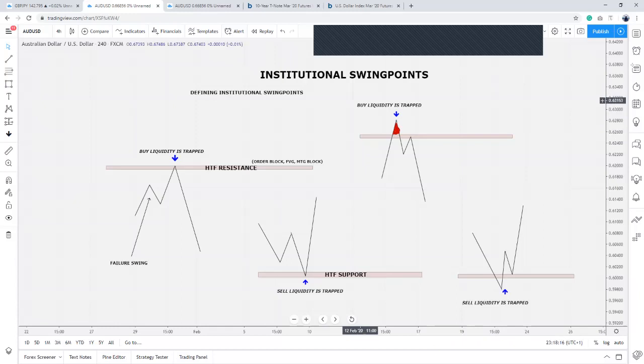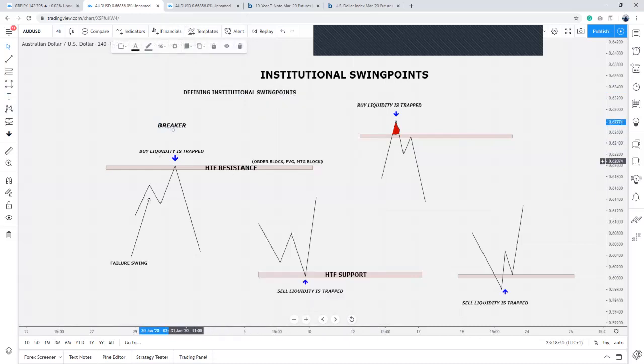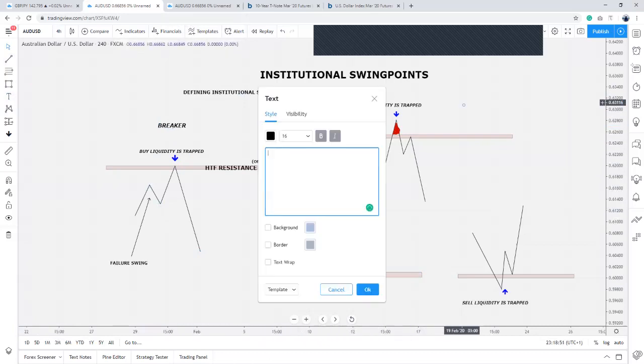But when we're defining market turning points from an institutional standpoint, there are basically only two ways the market reverses from a level. We have the breaker, which you see here for the sell reversal and the buy reversal, and then we have the failure swing.